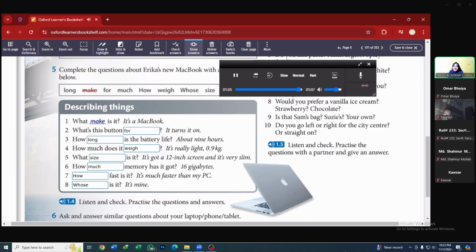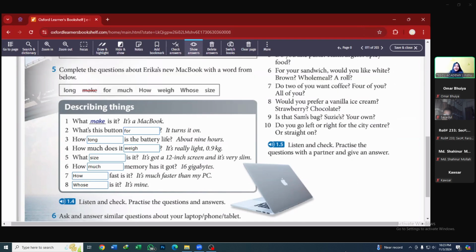Okay, so this was the conversation that actually happened here, and Erica described her MacBook. Another good part of listening to these audios is that it improves our listening skills, and we also get to listen to their tone of talking.